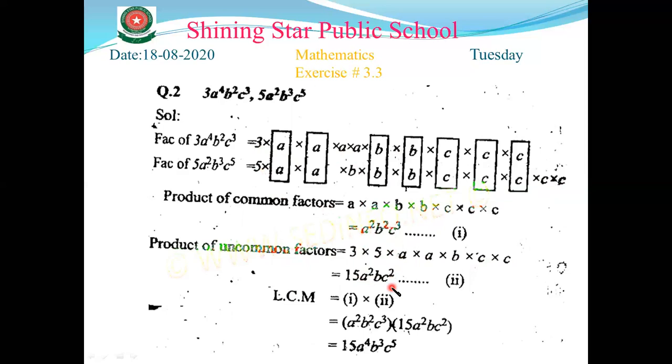Now for LCM, multiply the common part and the uncommon part. So very simple. 15, a square and a power 2 gives a power 4 because the bases are the same, so we add the powers: 2 plus 2 is 4. b square plus b power 1 is b power 3, and c cube and c square gives c power 5.